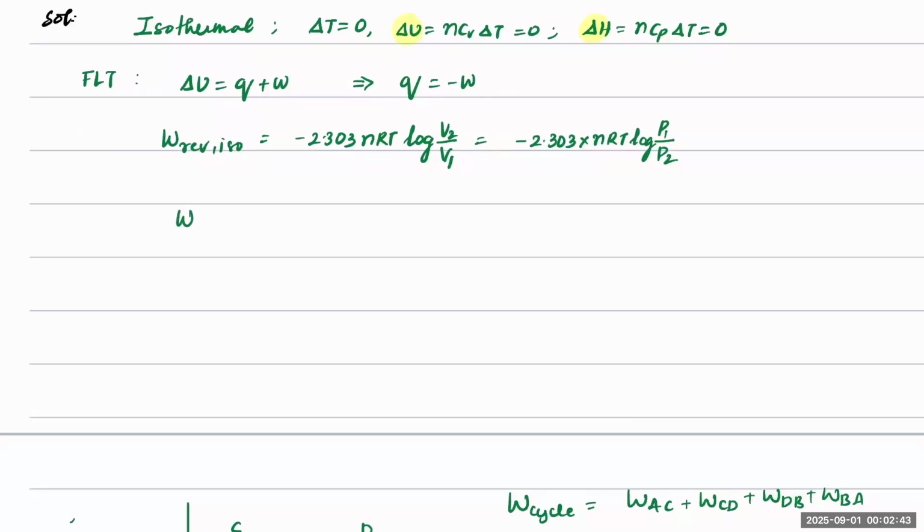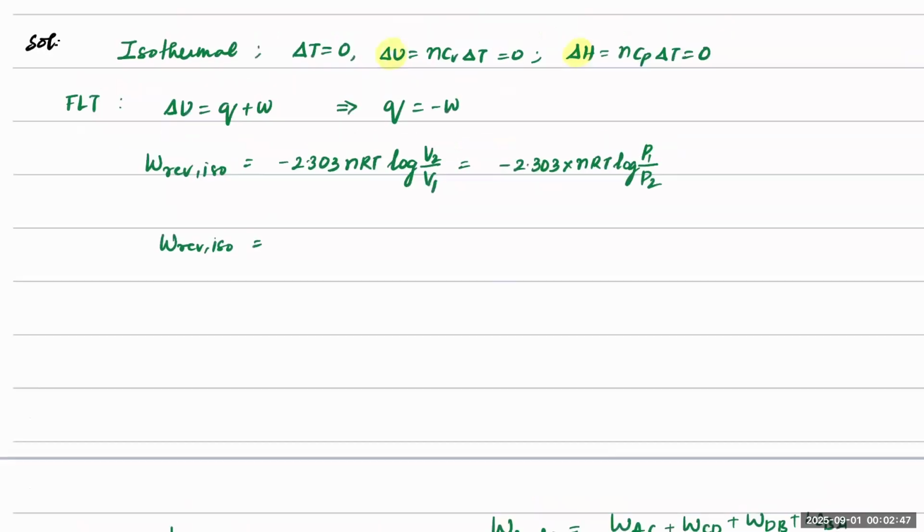So work done reversible isothermal is equal to minus 2.303 into 1 into 8.314, in terms of joules, into temperature 300 kelvins, into log of P1 by P2.